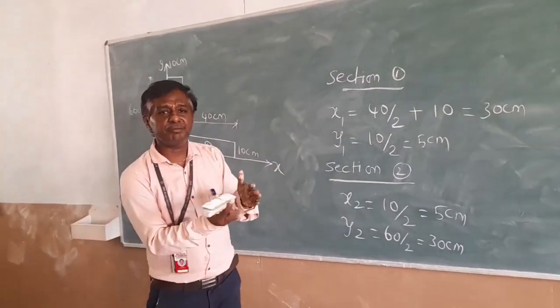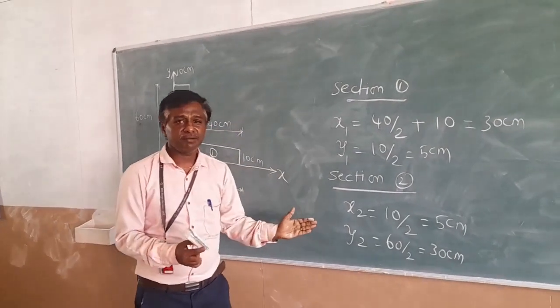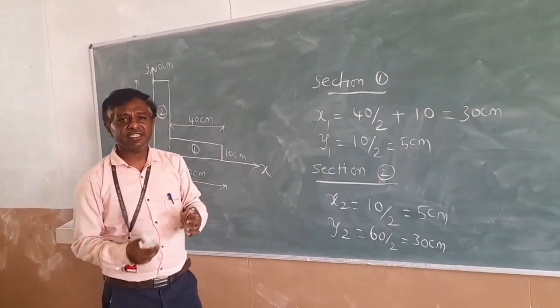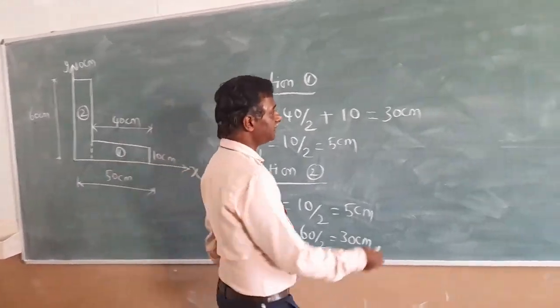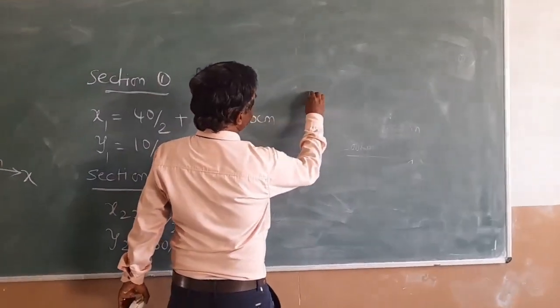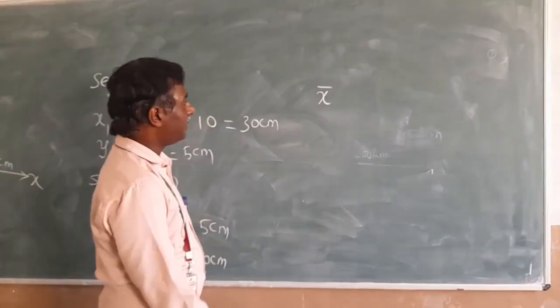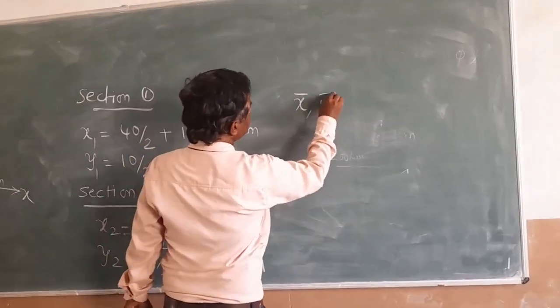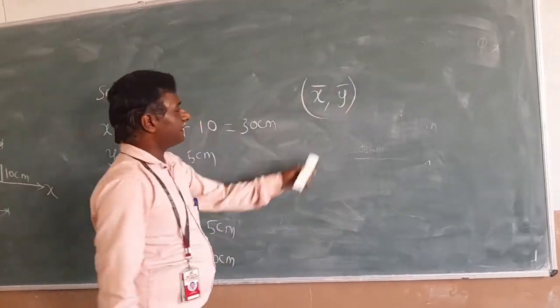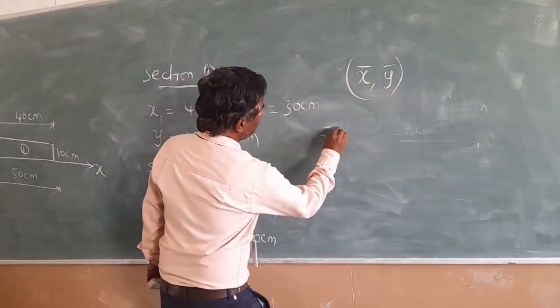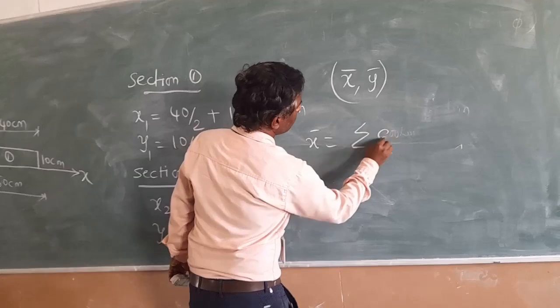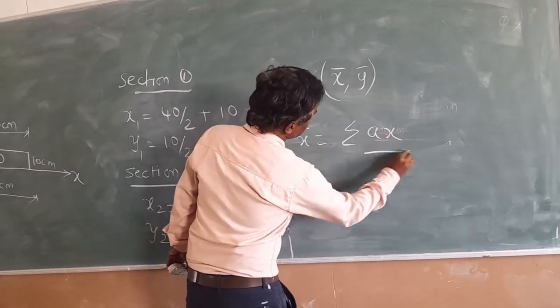So how can we combine these two, put together? How can we get the exact centroid value? For a composite section, x bar is the centroid and y bar is the centroid. So x bar is equal to sigma ax divided by sigma a.